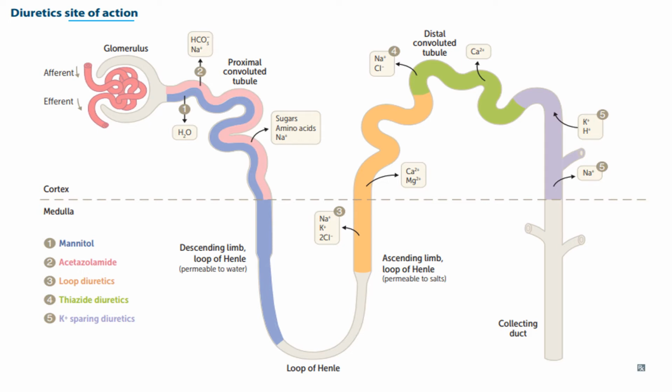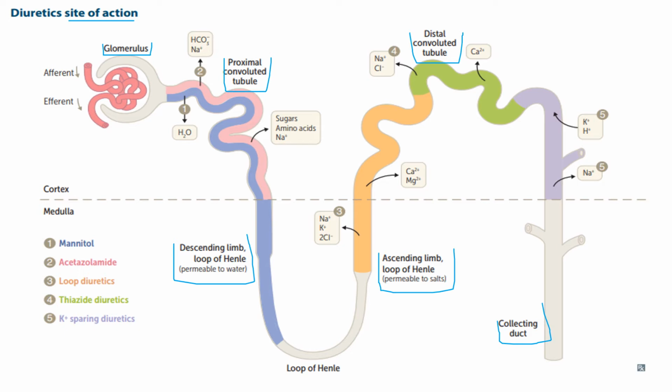Diuretics act on various components of the nephron, as you can see here. The first one is the glomerulus, second is the proximal convoluted tubule, third is the descending loop of Henle, fourth is the ascending loop of Henle, then the distal convoluted tubule, and the collecting ducts.